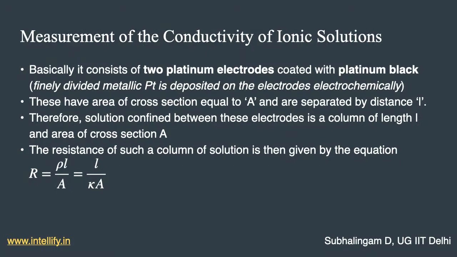Notice that it is L and not 1. We have seen this expression in the first slide, and this is a pretty simple one. You might have seen it in your lower classes: R = ρL/A = L/(κA).